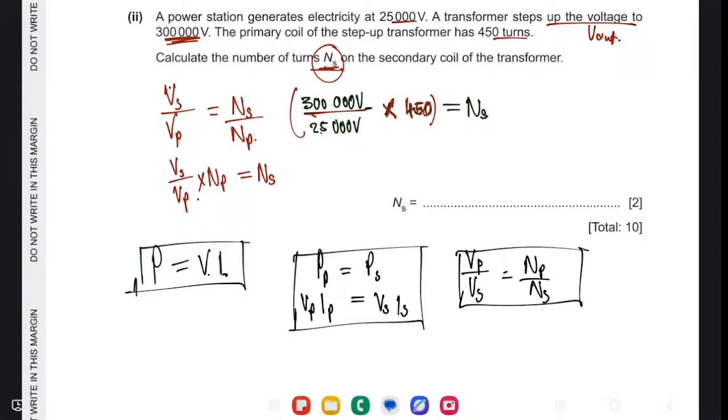Tapelo, are you in class? Tima, can you help us? 300,000 divided by 25,000 times 450. Tima, what's the answer?